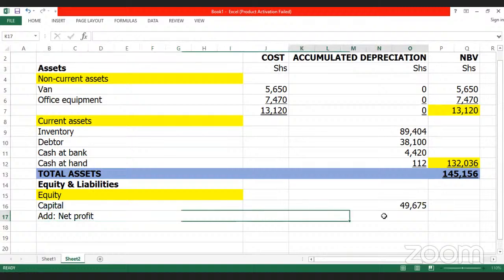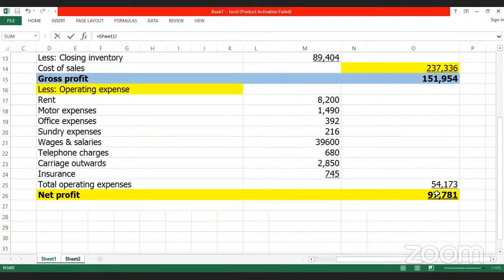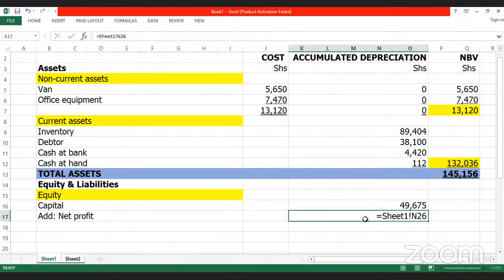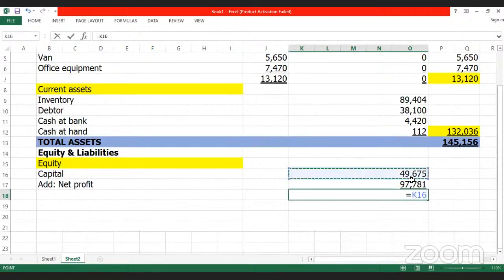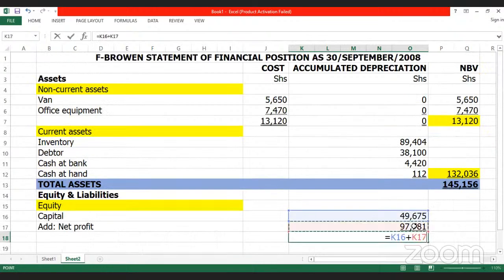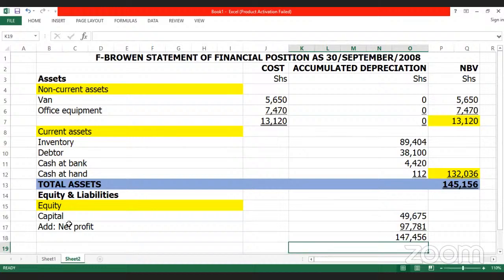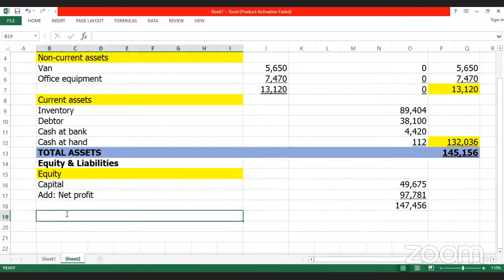We bring our profit. That is our profit. When we add the capital, we add our profit. That's what we get. Then on that, we have to list the drawings, because there are some drawings here.